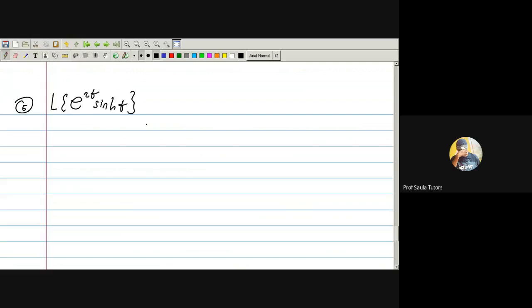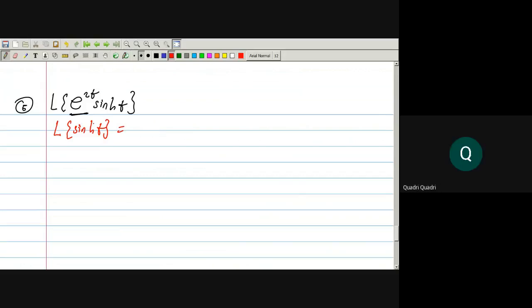Now, if you first see exponential multiplying anything, don't panic. This is the first thing you should do: you first go and find the Laplace transform of the function that is multiplying. What is the Laplace transform of sin t? I said the Laplace transform of sin t is omega over s squared plus omega squared.